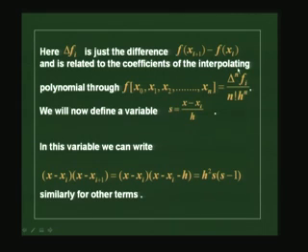Again, this denotes the point at which we enter the data point. So del fi is the difference between xi plus 1 minus xi. Remember that it's xi plus 1 minus xi. Now we will define a new variable, which we call s, which is x minus xi by h.